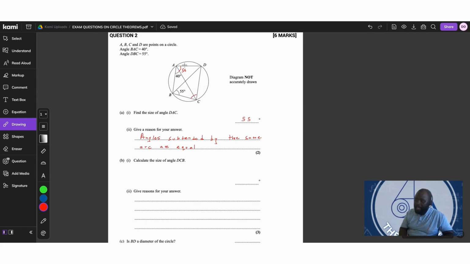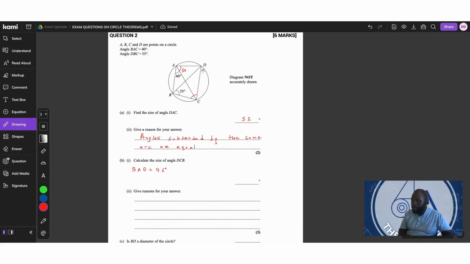Now, if you look at the other side, we have angle BAD, not angle BAC, which is the sum of the two angles. So it is approximately 95 degrees.